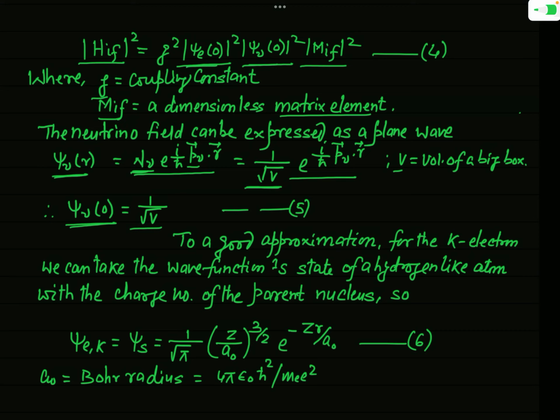So in this case, we will represent the electron wave function by the wave function used for a hydrogen-like atom. And you know that for a hydrogen-like atom, for different quantum states, the wave function is different.